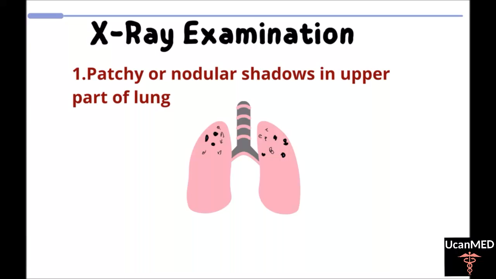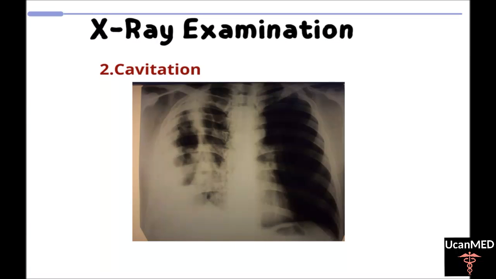In X-ray examination, as you see here, there will be patchy or nodular shadows in the upper part of the lung, and we can diagnose cavitation by ring-shaped shadows and a horizontal fluid level in this shadow.